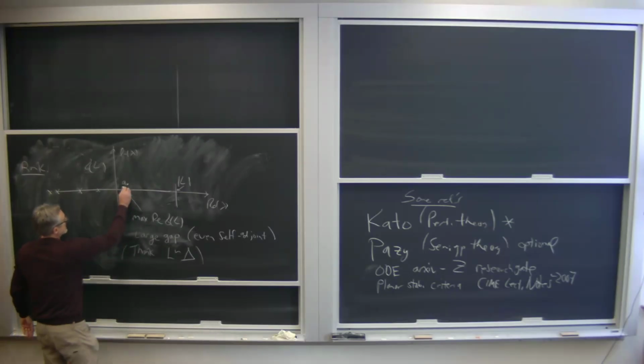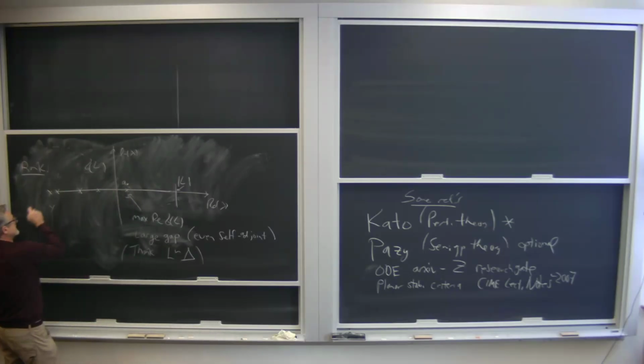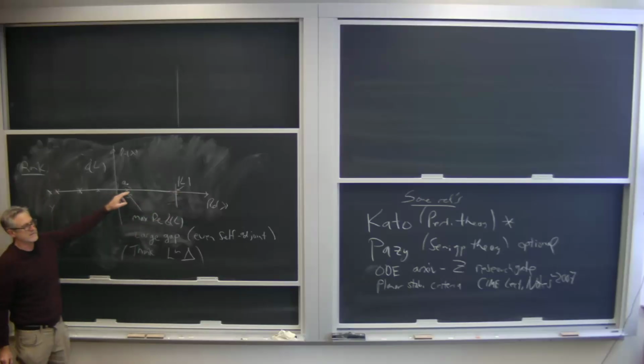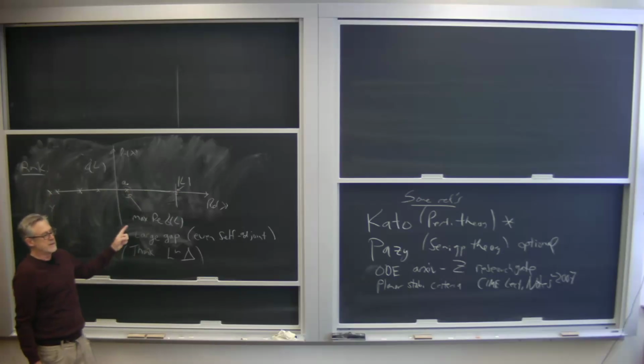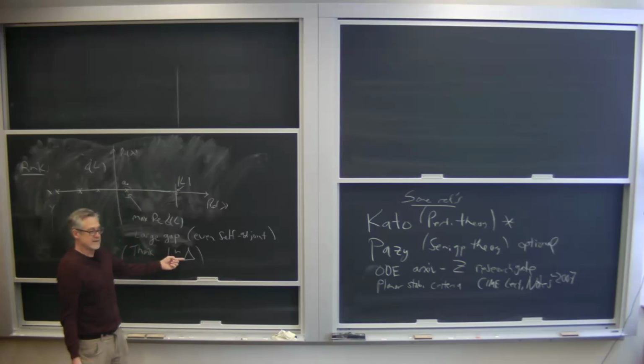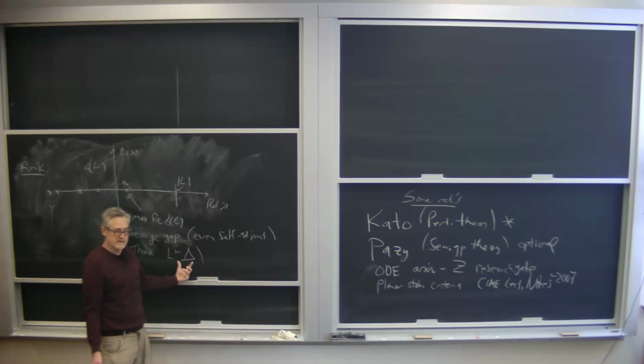Notice the maximum real part eigenvalue is here. The matrix norm is out here because, of course, there are positive real parts and negative real parts. So the gap can be quite large. And this is very relevant because in a moment we're going to start talking about unbounded operators, and I'm thinking of the Laplacian in particular.